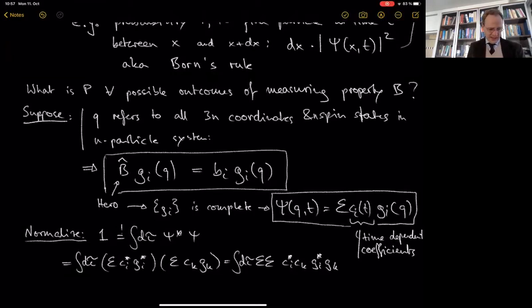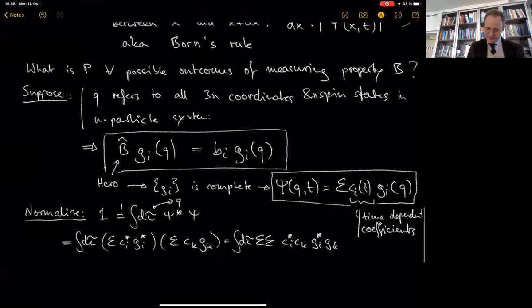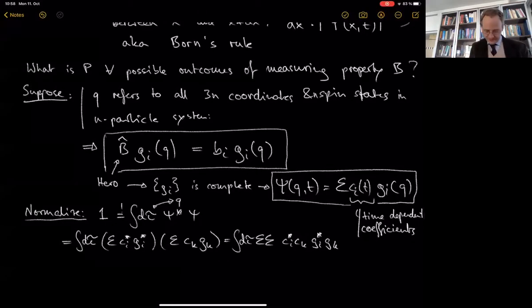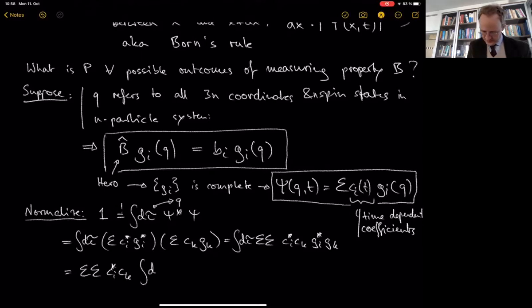Now we can write these sums to the left of the integral, so the order of integration doesn't matter, and the coefficients do not depend on our tau, right? So the tau is related to our q, right? Sorry, I'm going back and forth here, but so tau or q. So we have our c_i, c_k complex conjugate, d tau, g_i, g_k.